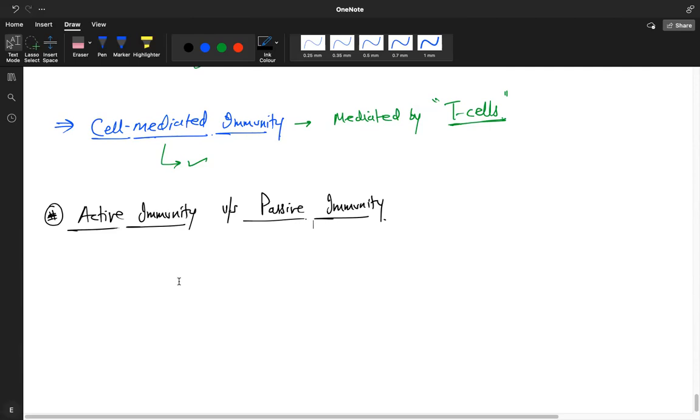Now, how can we do that? How can I give an active immunity to someone? Suppose I want to generate active immunity against, remember we were doing this for COVID. In COVID, we are trying to produce active immunity inside people, right?